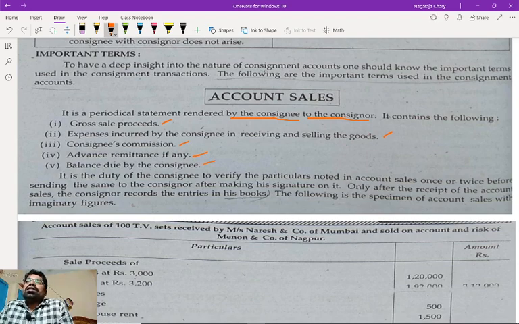If any other information is needed, that information is also included here.